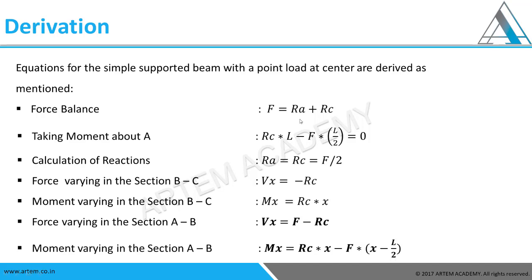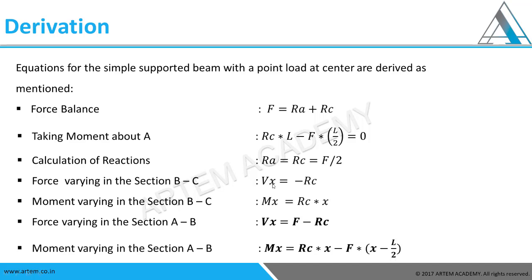So that is how we calculate the force and the reaction. Since we know the reactions, that is RA equals F by 2 and RC equals F by 2, we now try to do our variation of the shear force diagram and the bending moment diagram. We create a general function Vx, where x is any distance which we take from right to left.